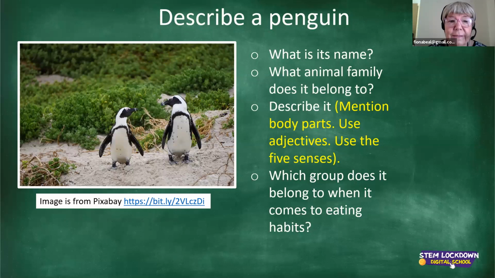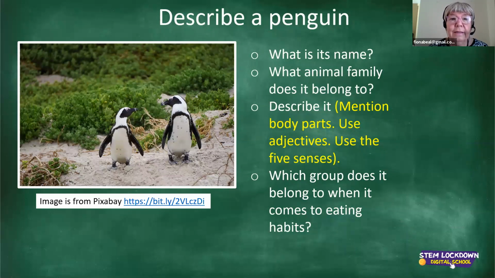Yes, it's wearing a tuxedo. And when it comes to eating, it is a carnivore. A piscivore, fish, piscivore. Okay. Right, excellent. Well done, those two brave people and all the others that raised your hands. Let's go on now.